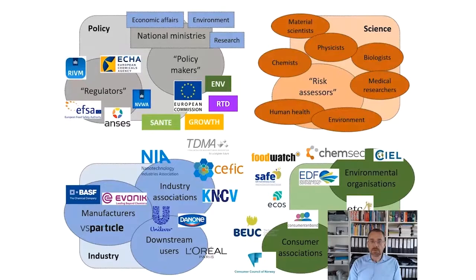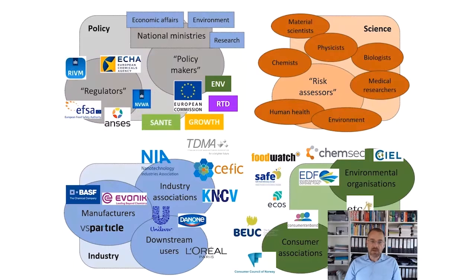This includes the regulators, those European and national authorities that assess and regulate the use of substances. EFSA, of course, plays an important role here, but so do other authorities like the French Agency for Food, Environment and Occupational Health and Safety, ANSES, as well as the Netherlands Food and Consumer Product Safety Authority, the NVWA.